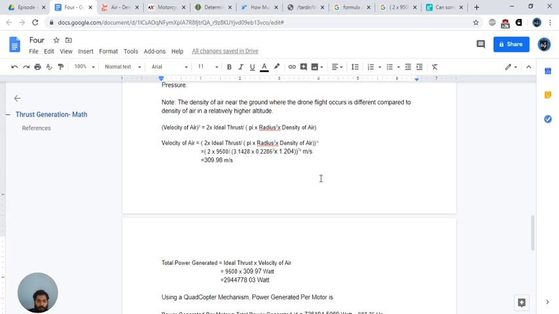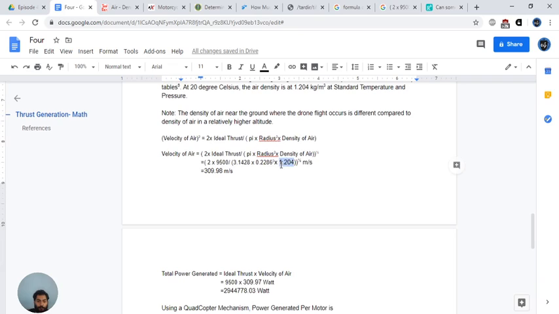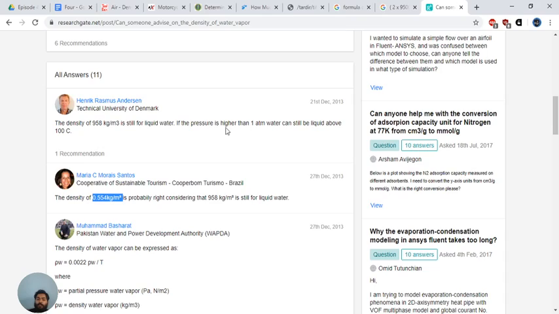So if you replace it, you find a higher density. If you find a higher density vapor or gas, you can actually create that.